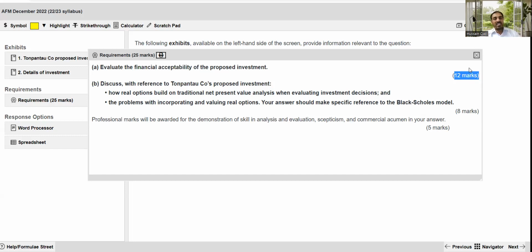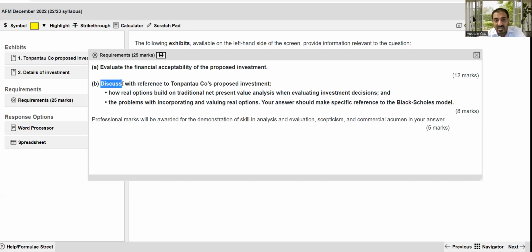So you have got a basic idea from the requirement that this is a question of investment appraisal. Number two, B part, discuss with reference to Tonpantau company's proposed investment.